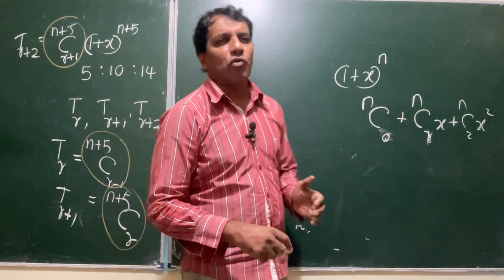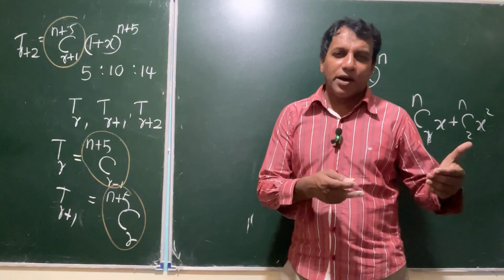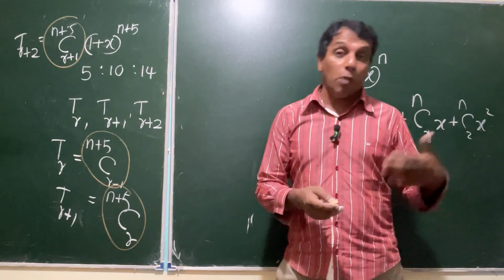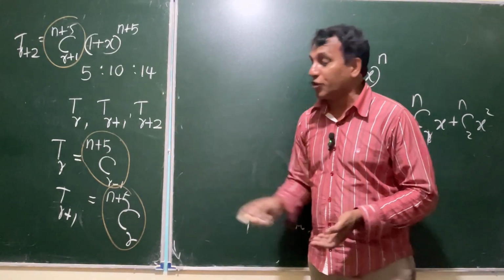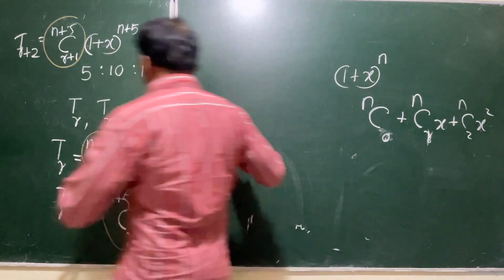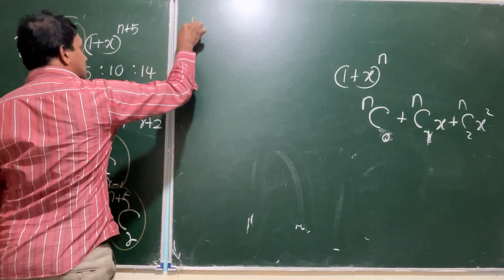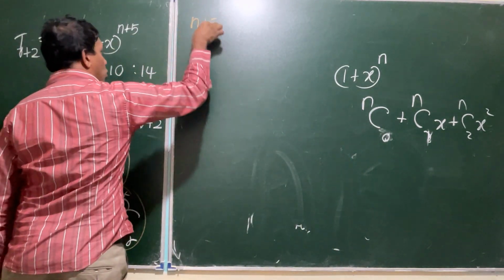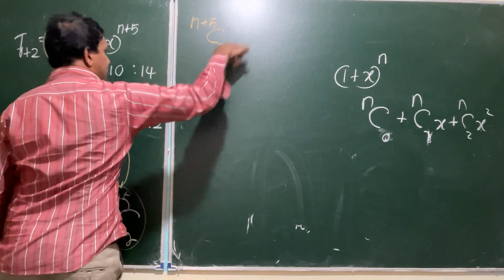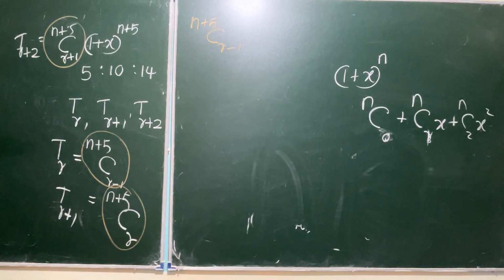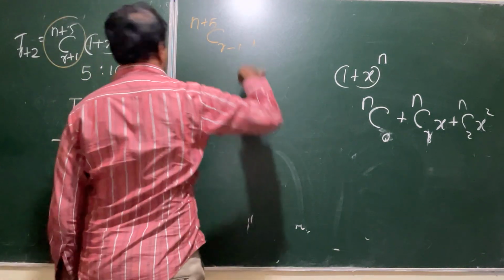In such questions, the coefficients may form an arithmetic series or geometric series, or these three are given as a ratio. I'll show the coefficients once again. The first term is n plus 5 C (r minus 1), comma.